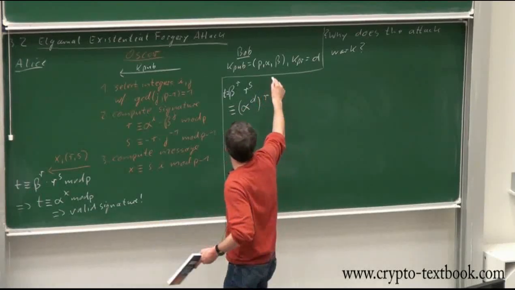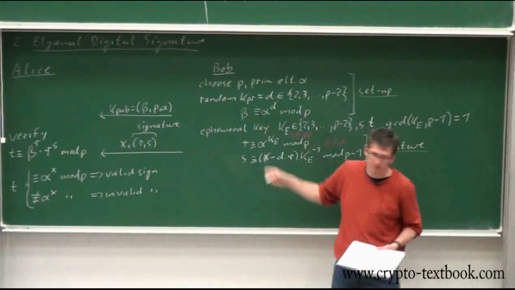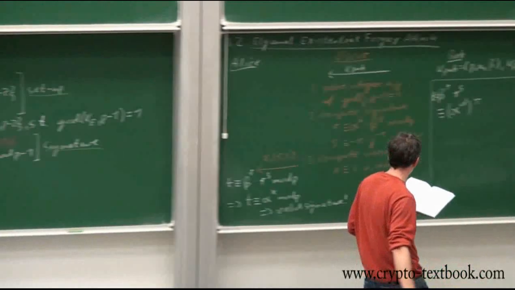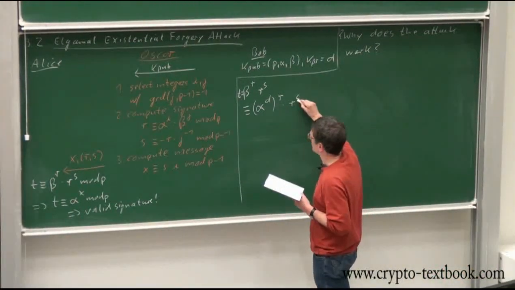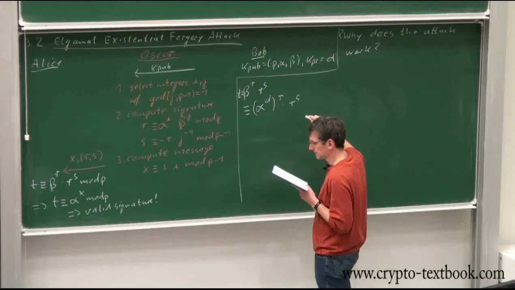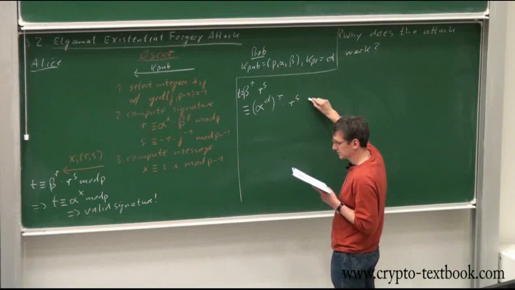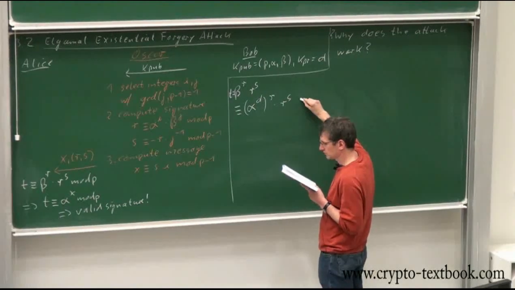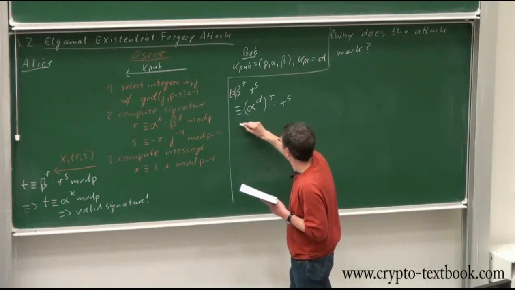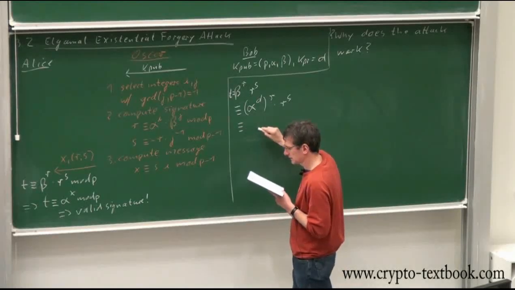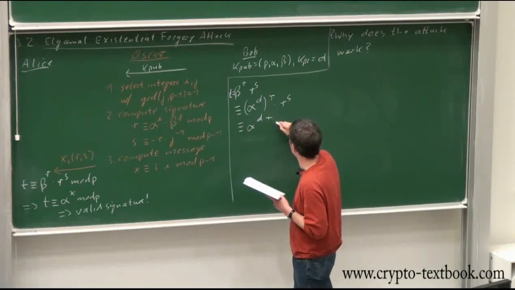Beta still comes from the original beta from Bob, that's a discrete logarithm problem. Times r times s. This is alpha to the d times r.